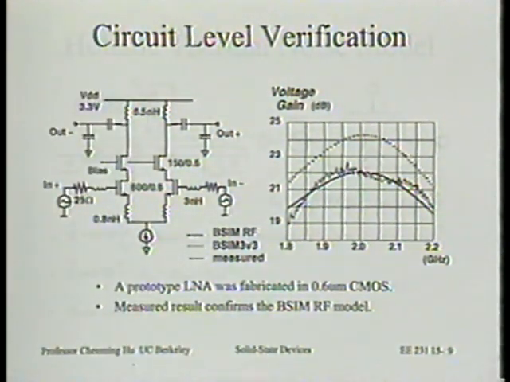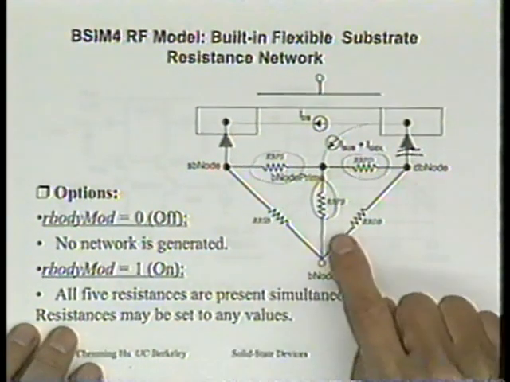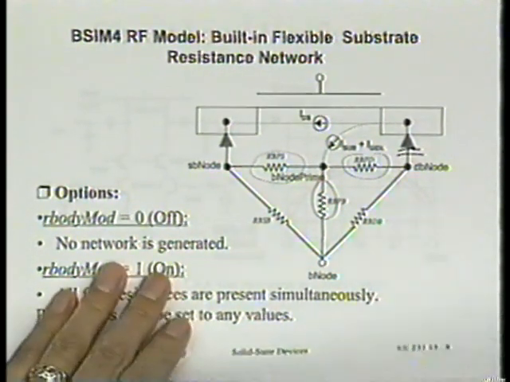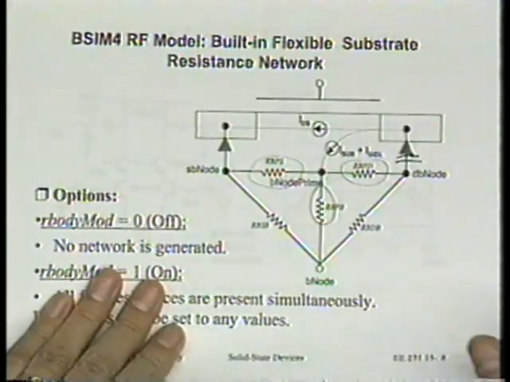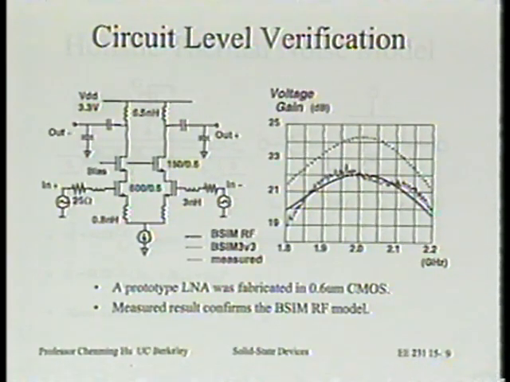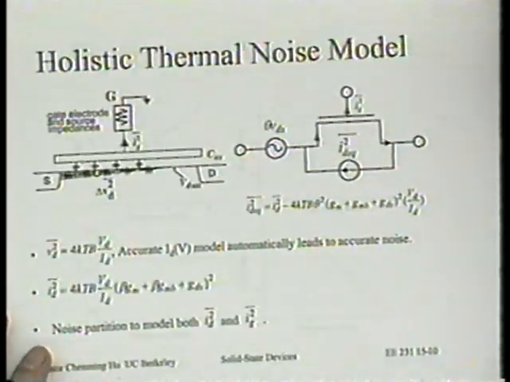Other than we don't know how to predict these resistor values. The physics certainly is there, but we don't know how to put them in an analytical manner. But as far as anything else, everything is happening in the channel, in the gate, turns out surprisingly simple. Okay, so what has to be added to make the transistor model work all the way to 10 gigahertz is surprisingly simple. Okay. All right, if no question, let me move on to another topic related to RF.